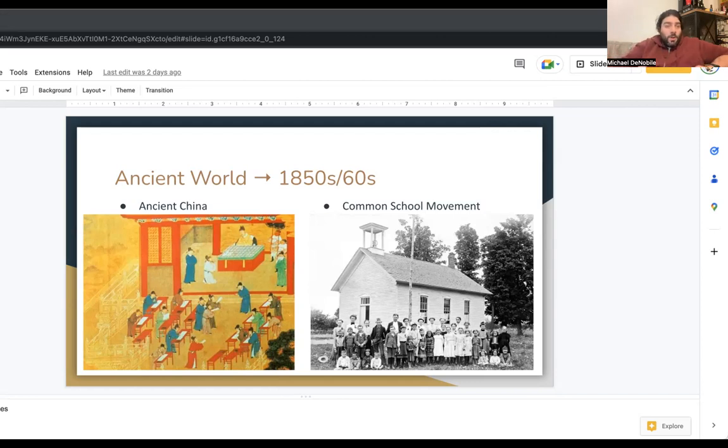So they saw that the public education system in Prussia was able to mold a citizenry that the government best wanted for the purposes of their particular needs in society.